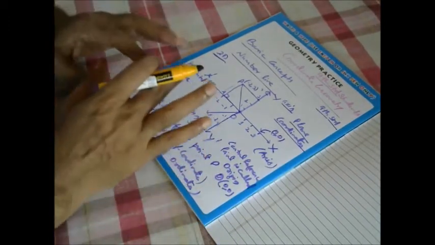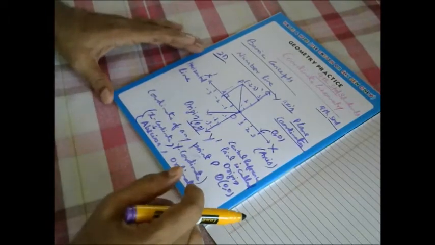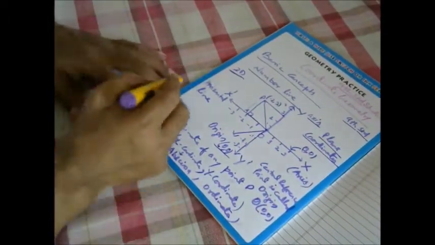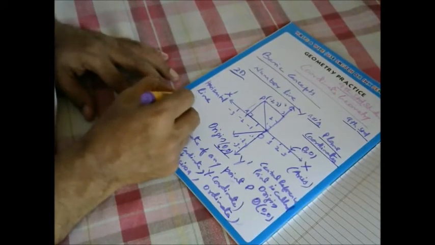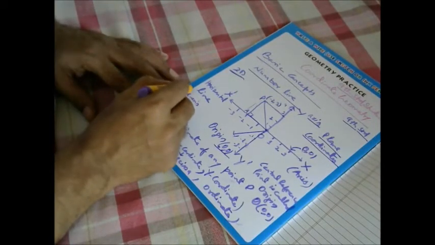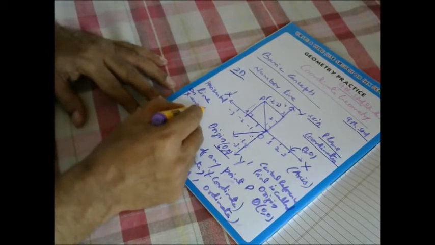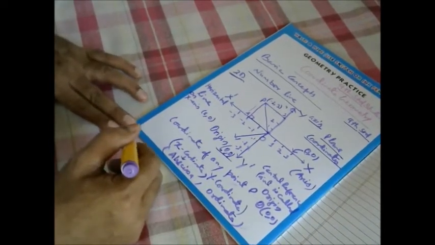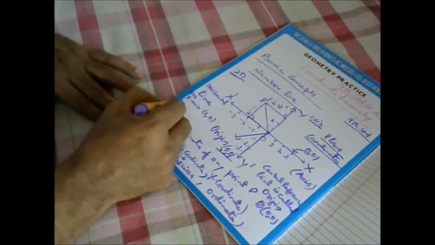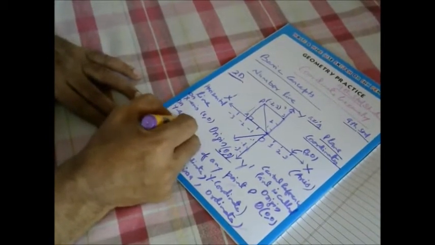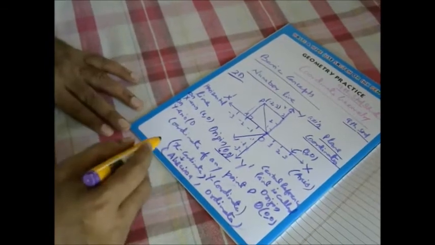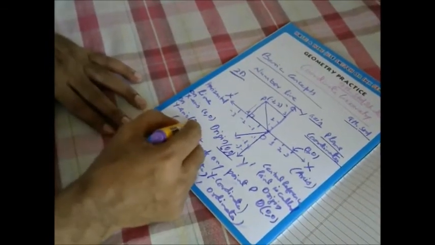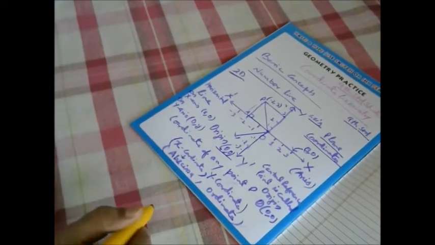So all coordinates on the x-axis will have the form x and 0. On the y-axis, the x coordinate is 0. The x coordinate is always written first, and then y.